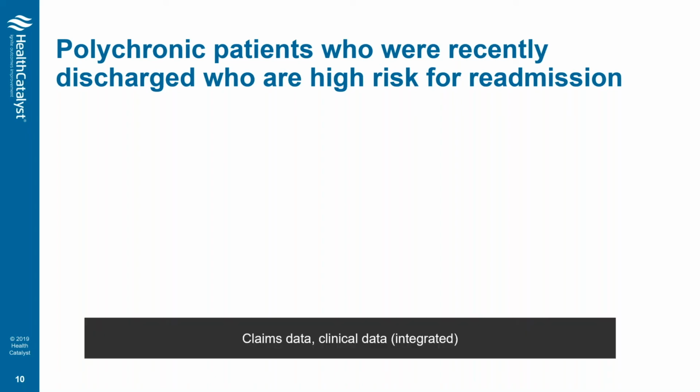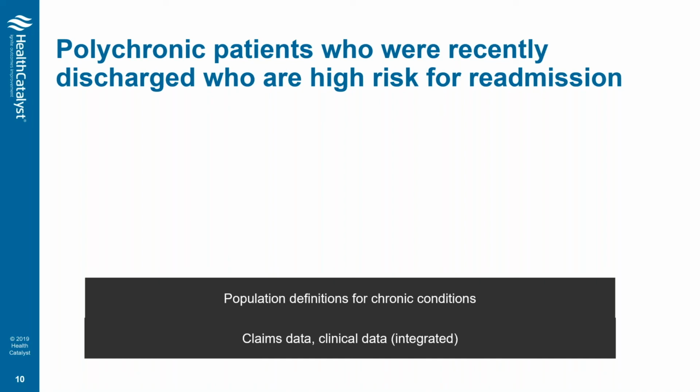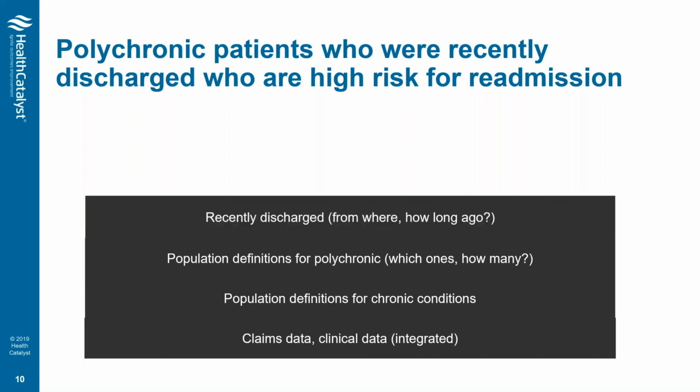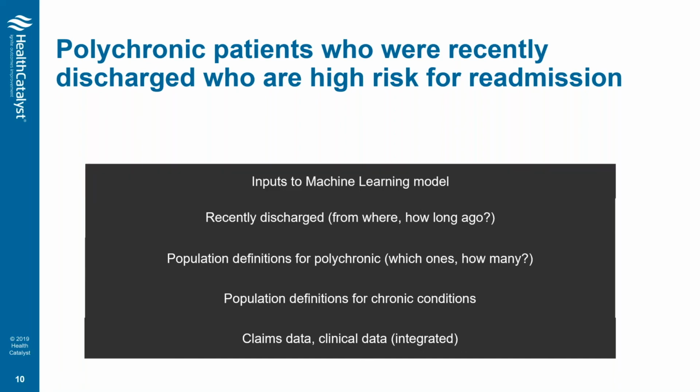An analyst will know that they need to integrate claims and clinical data to get the full picture of the patient. An analyst will know that they actually need definitions for all of the different chronic conditions. They also need to put that together into a definition of what it means to be polychronic: which chronic conditions are we counting and how many of them. They also know that recently discharged needs to be refined to from where and how long ago.